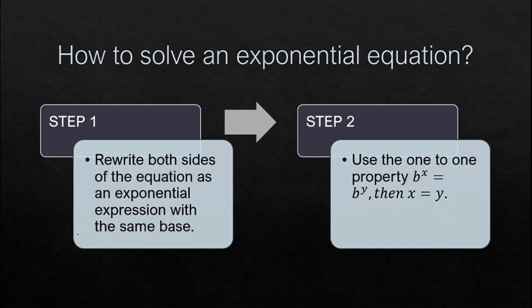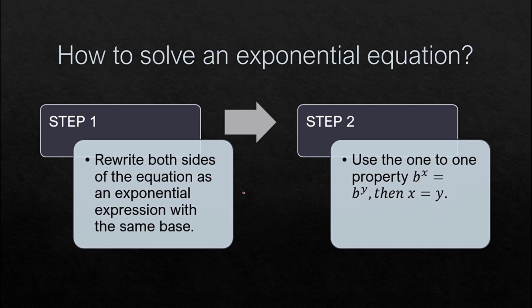How to solve an exponential equation? Step 1: we write both sides of the equation as an exponential expression with the same base. So parang kailangan mo gawing same ang number na nasa letter b. Use the one-to-one property: b to the x equals b to the y.